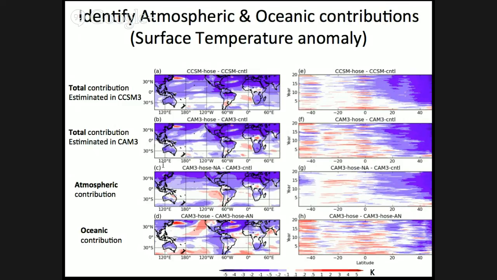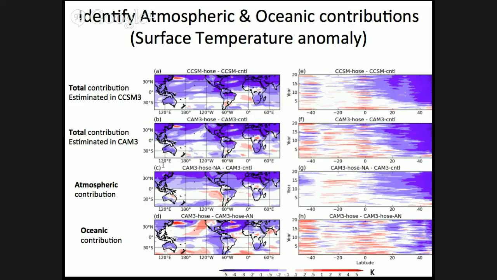And the last two figures are the difference between the two. So the top and the second both include the atmosphere and the ocean contribution to the teleconnection. The third one is representing the atmosphere contribution. And the last one, because it's the difference between the total and the atmosphere, I can say is the oceanic contribution, as long as the atmosphere contribution and the oceanic contribution linearly add up together to make the total contribution.